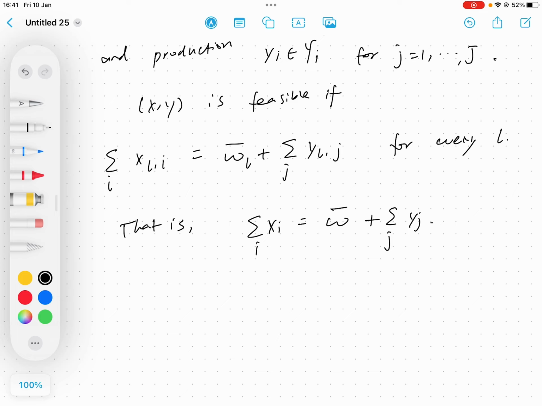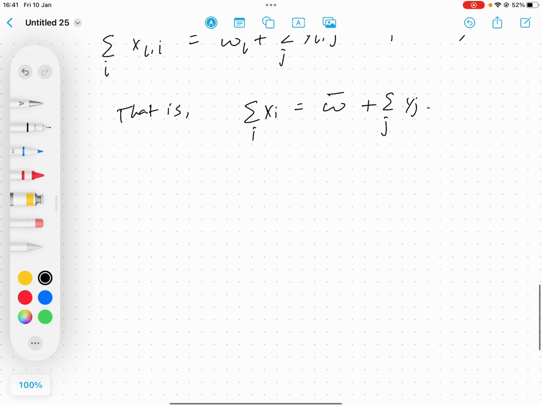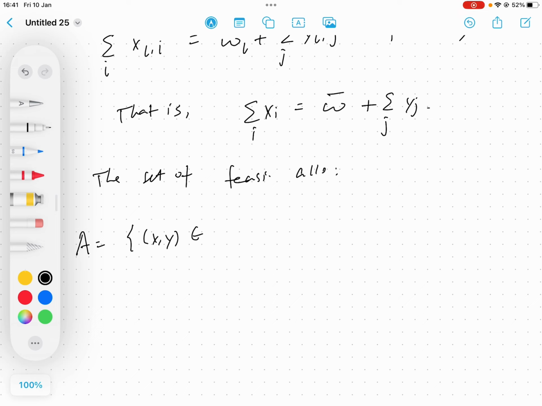Good, so we can denote the set of feasible allocations by the following. This A is the set of those xy's.